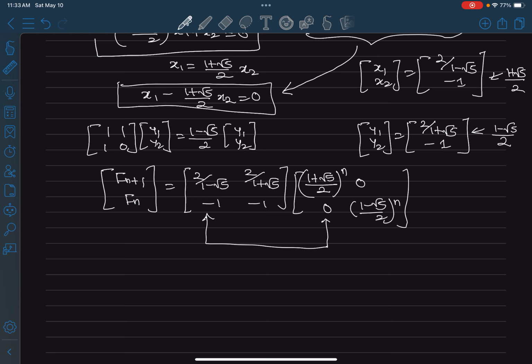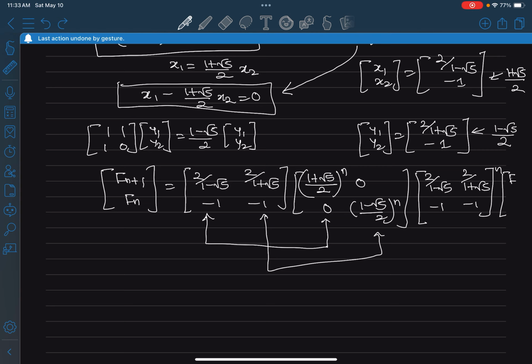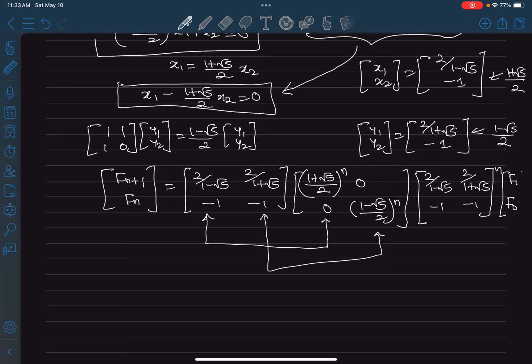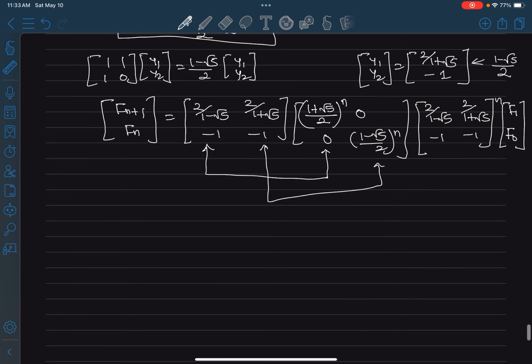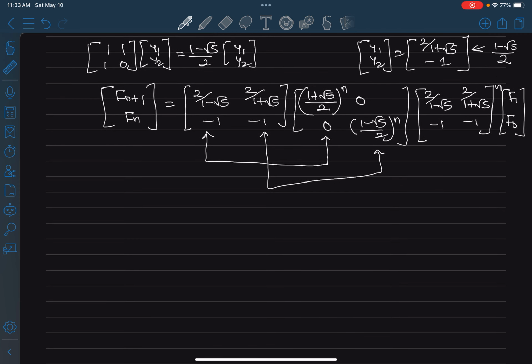Because these two are each other's eigenvalue and eigenvector. Second column corresponding to second column, right? And also at the end, we need to have the inverse of our matrix of eigenvectors, 2 by (1 plus root 5), negative 1, to the power n. And also we will have here f1, f0, right? Okay, so now we know that f1 is actually 1 and f0 is actually 0, right?